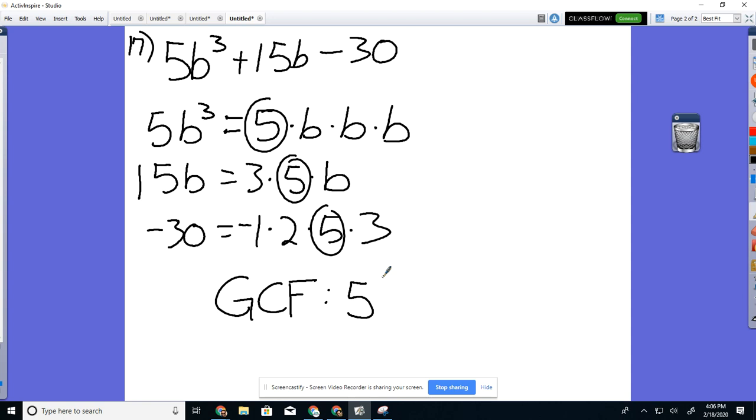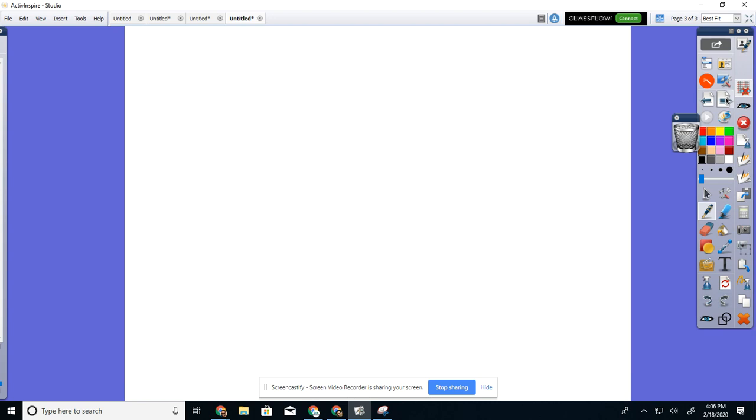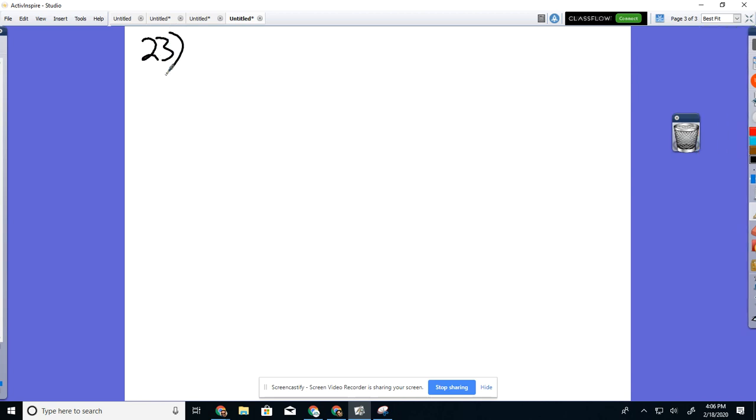Let's go ahead and take a look at 23. For 23, we are given 15n cubed minus 3n squared plus 12n.